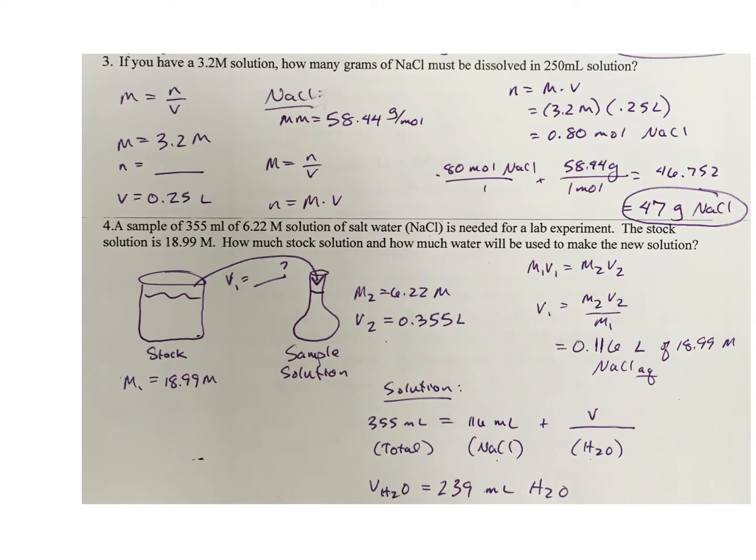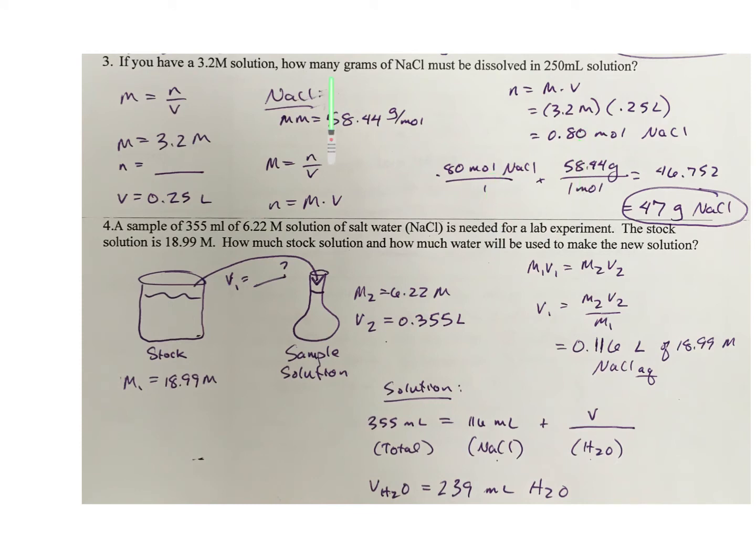Question 3 is a little bit different. It gives you a concentration and a volume and asks for how many grams. If you have a concentration and a volume, you can rearrange this formula to solve for N. N is the number of moles. If you calculate these two, you get 0.8 moles.